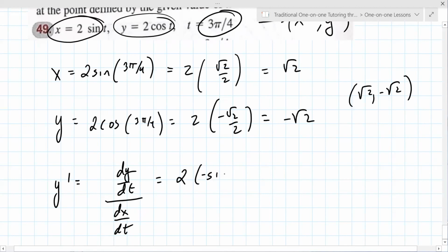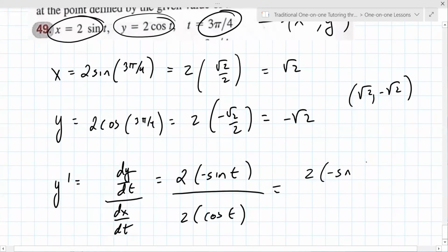Negative sine t. And what's the derivative of sine? Cosine t. So now you have to evaluate it: 2 times minus sine 3 pi over 4 over 2 cosine 3 pi over 4.